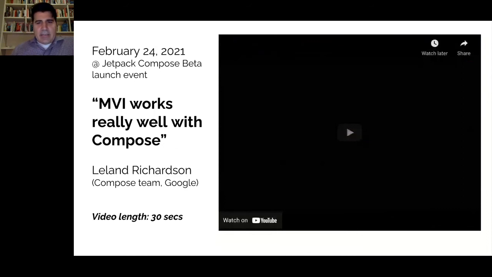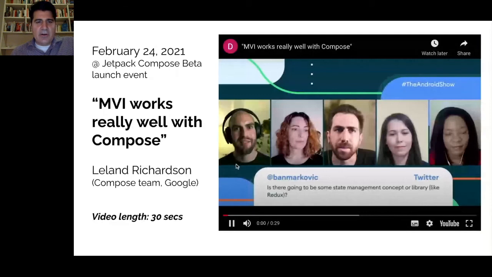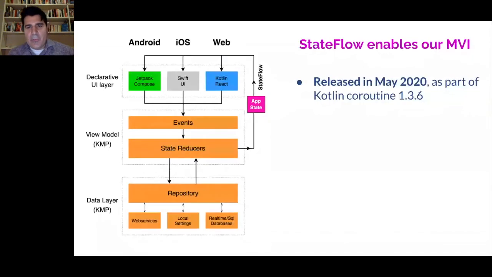Okay. Yeah, so the state management is okay. So let's go on. Our MVI in our architecture is based on StateFlow. StateFlow is a component part of the Kotlin coroutines library, which was released in May 2020, and it's part of coroutines library 1.3.6.